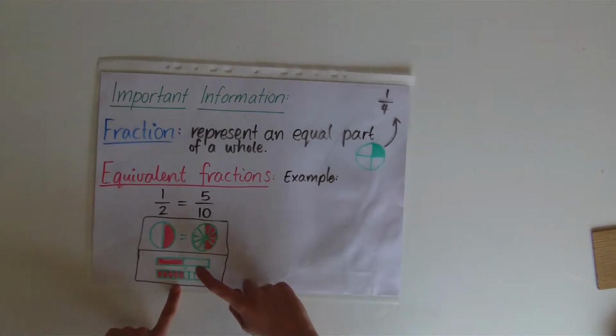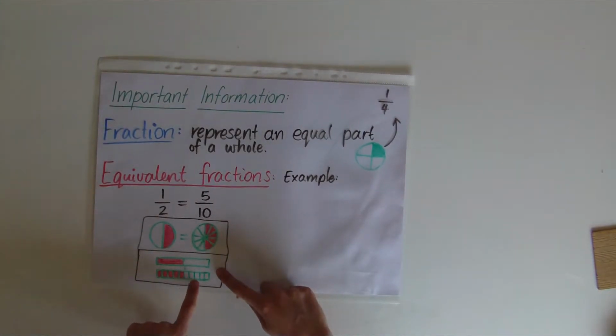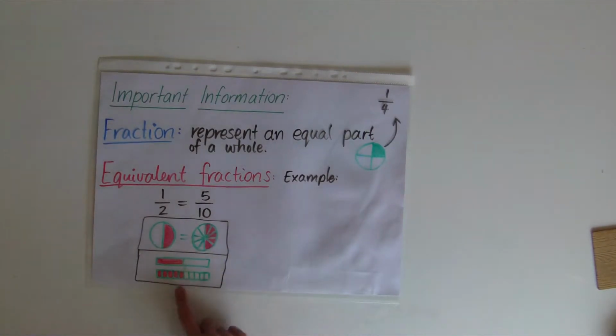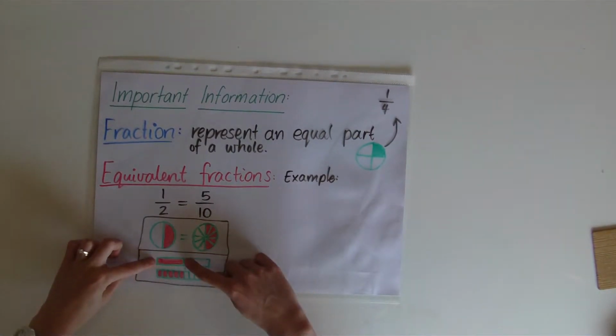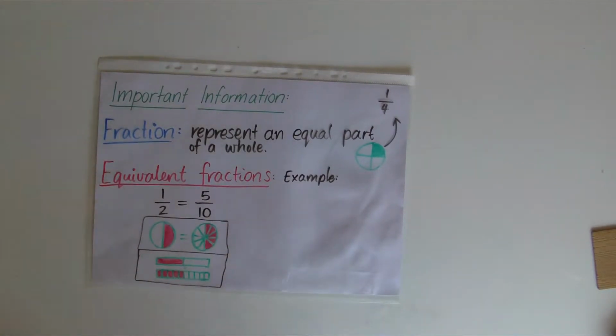And then down here, the equal sign is the same as 1, 2, 3, 4, 5 parts of 6, 7, 8, 9, 10. So 5/10. It's saying that it's the same amount, it's just written in a different way.